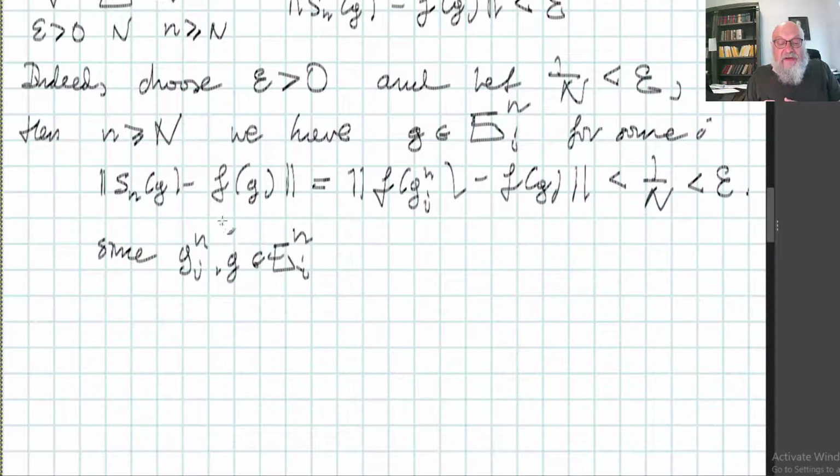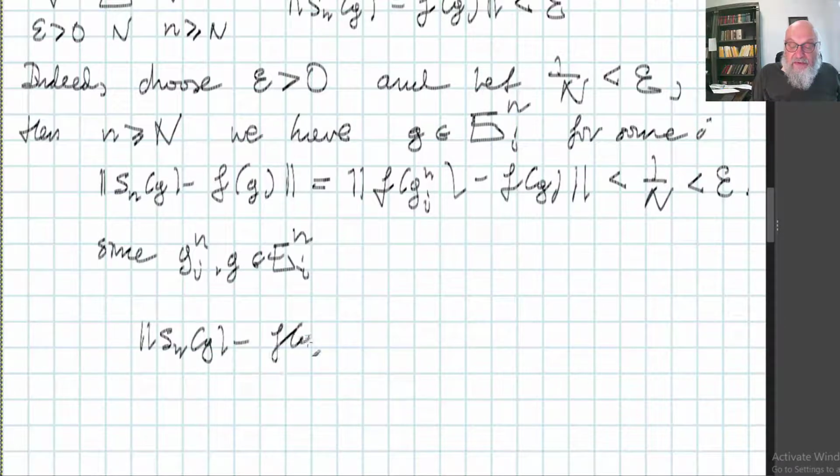So that means we actually have here a uniform approximation, because this is true for every g. Basically, we didn't use the choice of g first. We chose the epsilon and this is true for every g.